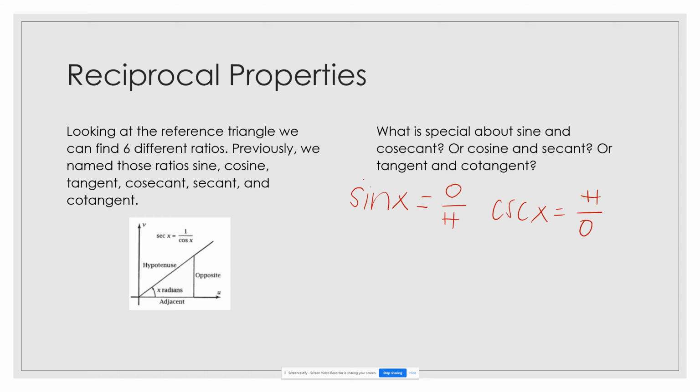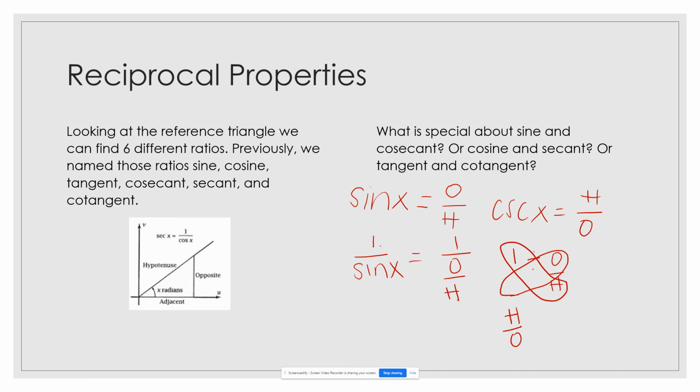And so what is special about these is that if you took sine and you put it under 1, so 1 over sine of x, that's the same thing as 1 over opposite over hypotenuse. Well, 1 divided by opposite over hypotenuse, if we cross multiply here, we get hypotenuse over opposite.